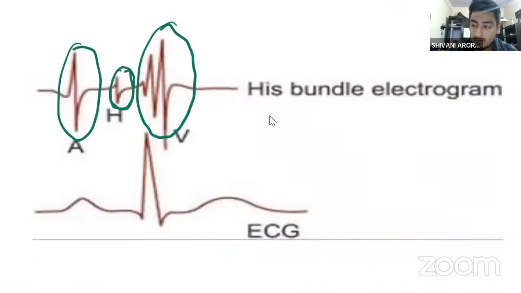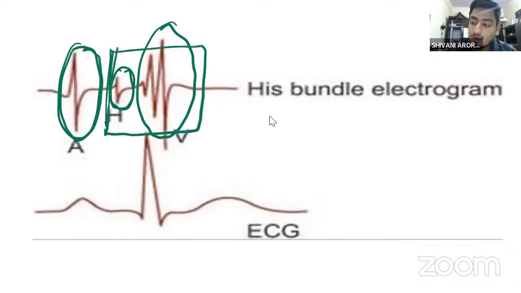In that complex there would definitely be this A wave because of the atria depolarization. Now if there isn't any H wave, the block would be at the level of AV node. Clear? Since there is a skipped QRS, there won't be any V wave here.